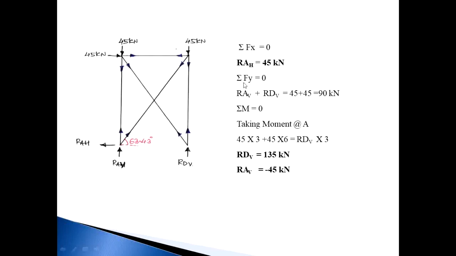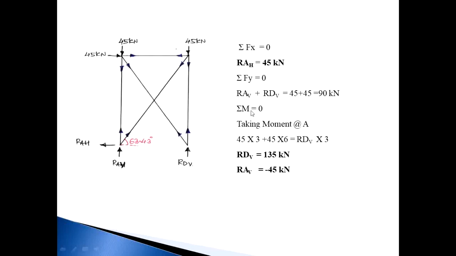Then next, summation Fy is equal to 0: upward force is equal to downward force. The upward forces are 2, that is RAV and RDV. The downward forces are 2, that is 45 and 45, so 45 plus 45 is equal to 90. So we get the equation RAV plus RDV is equal to 90 kilonewton.